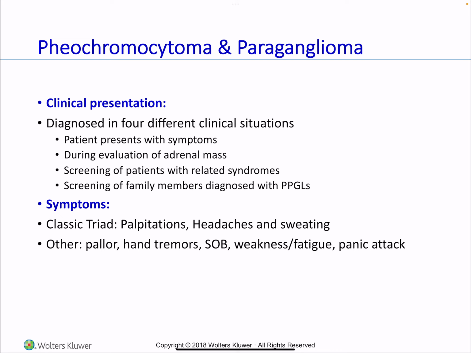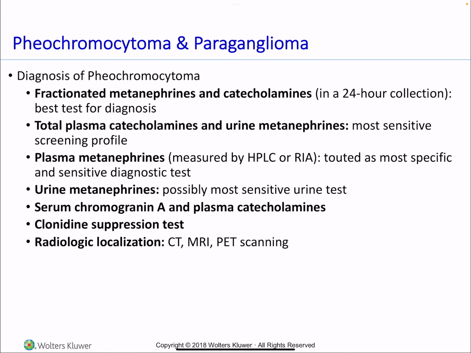The symptoms are typical of a classic triad. Patients get palpitation, headaches, and also lots of sweating. Other symptoms that are not as specific but are also related to these tumors are pallor, hand tremors, shortness of breath, weakness, fatigue, and also panic attacks.